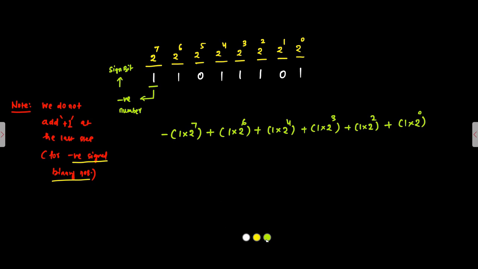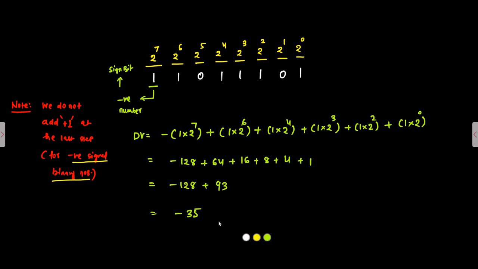So the decimal value is equal to minus 128 plus 64 plus 16 plus 8 plus 4 plus 1. So it is equal to minus 128 plus 64 plus 16, 80, 88, 92, 93. So it is equal to minus 35.